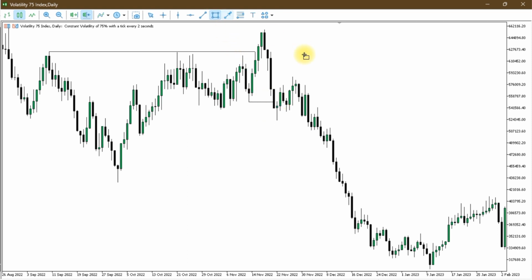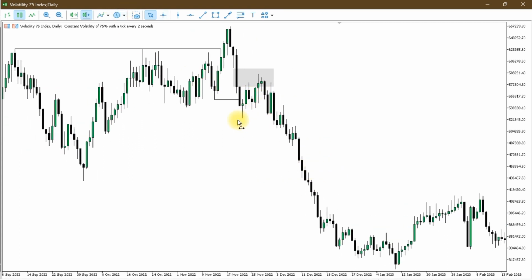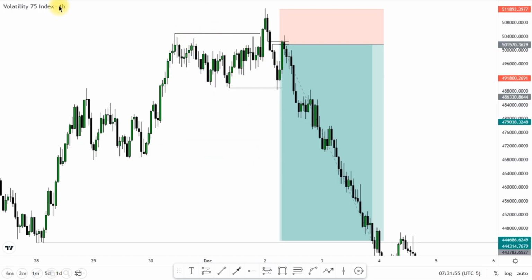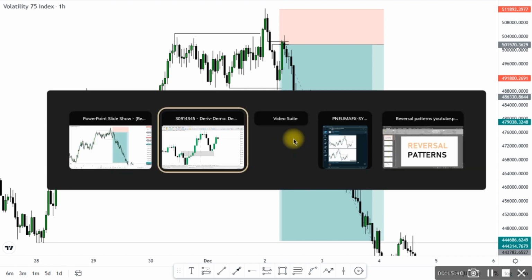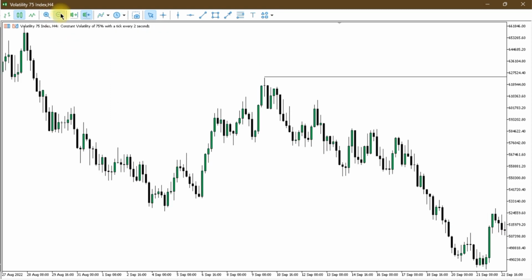Then price comes to a PD array, which is supposed to be like a premium in this range, but in this particular case, a fair value gap, and price sold from there. It's actually very similar to this price action that actually took place like 2 days ago or something. So I'm actually going to go even deeper and show you something.